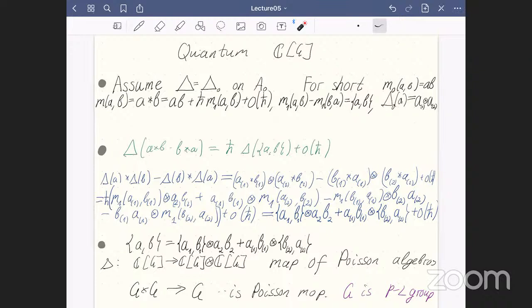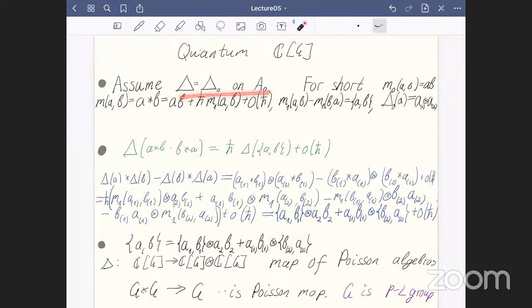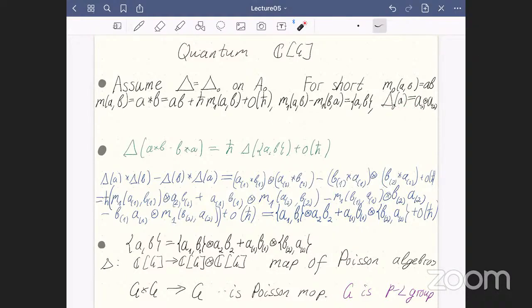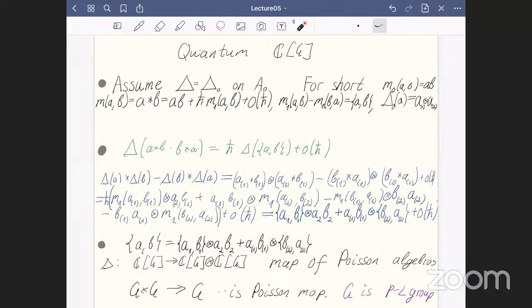But A in the second line is not the same as A in the fourth line. In the second line, where is the second? This line is second, or I mean third. This A and this A are different, or maybe. No, this A is from A0, and what we're computing there, A is from A. No, this is from A0. Okay.